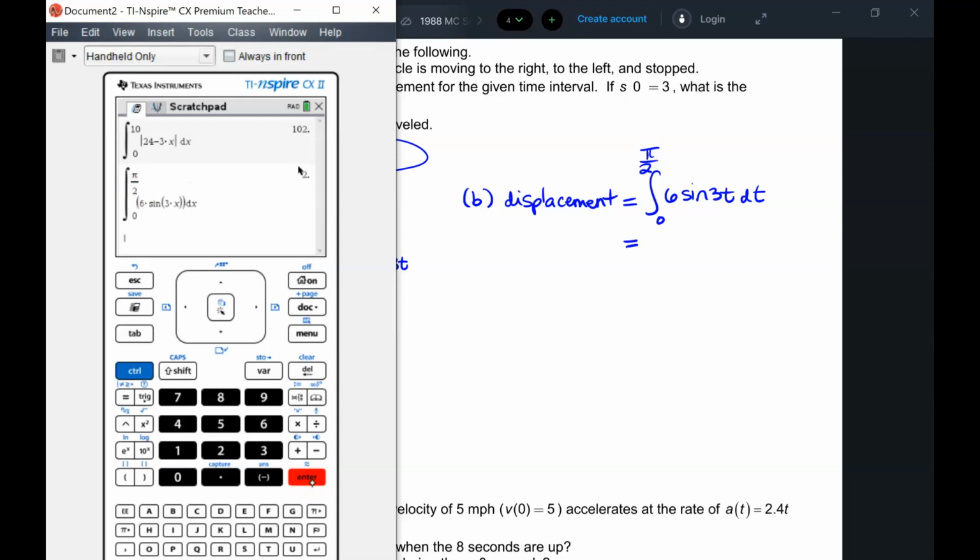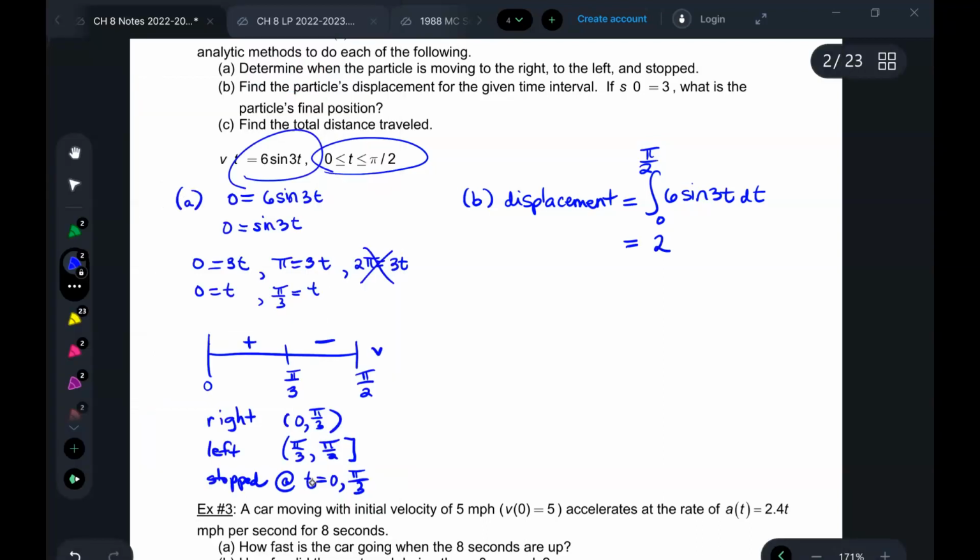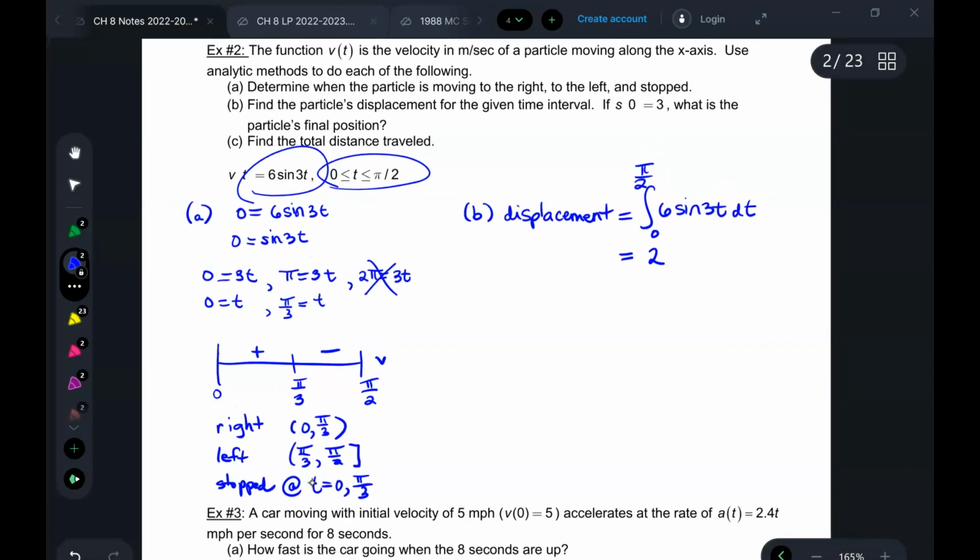All that work to get 2. And what's going to be the total distance? Or sorry, final position. So we want s of pi over 2. We can jump right to it now. S of 0 was 3, so 3 plus 2.